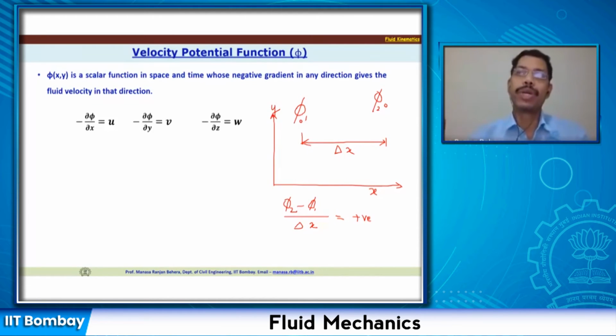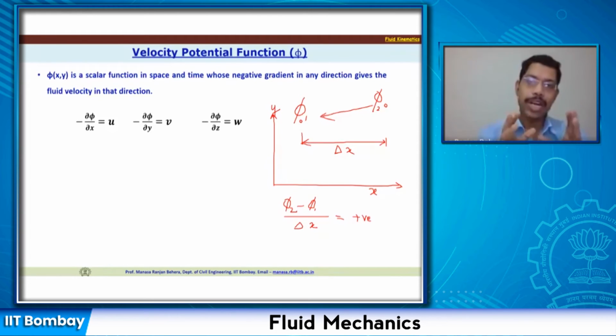The flow is taking place in this direction because this is the higher potential and this is the lower potential, but still I am getting a positive velocity, while my x direction is positive rightwards. So it is contradicting. I cannot write a positive value when my standard notation of x is positive rightwards. If I say velocity is positive, that implicitly tells me the velocity is in the positive direction of x, but it is not. It is in the opposite direction.